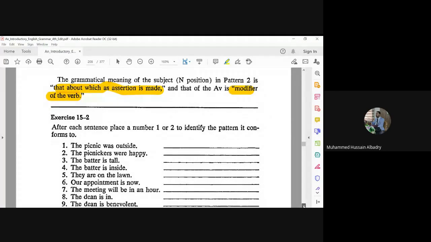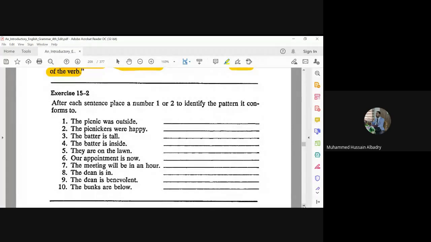Here you are given sentences. يقول لك حدد identify button number 1 or 2. For example, the butter is tall and the butter is inside. Who can tell me about these two things?